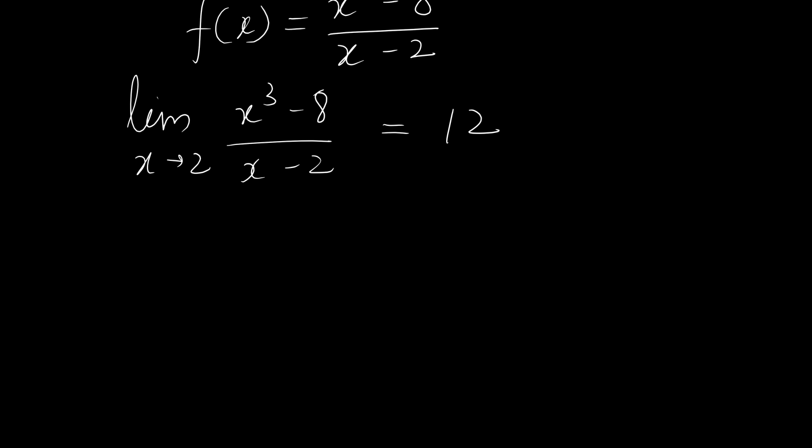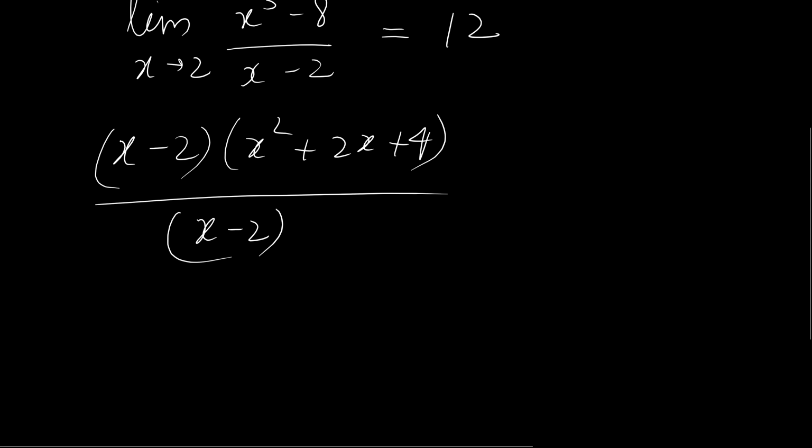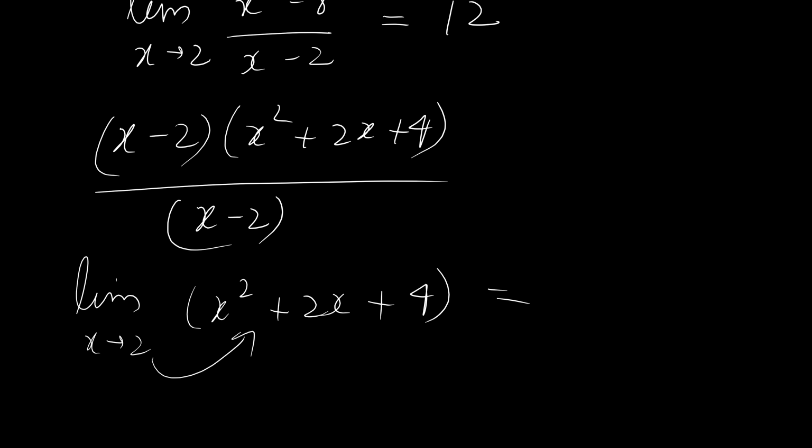I'll show you here how: x minus 2 times x square plus 2x plus 4 upon x minus 2, and now it would be limit x tends to 2 of x square plus 2x plus 4. Now basically you substitute 2 into here, so you'll get 12. So this value is the 12 value.